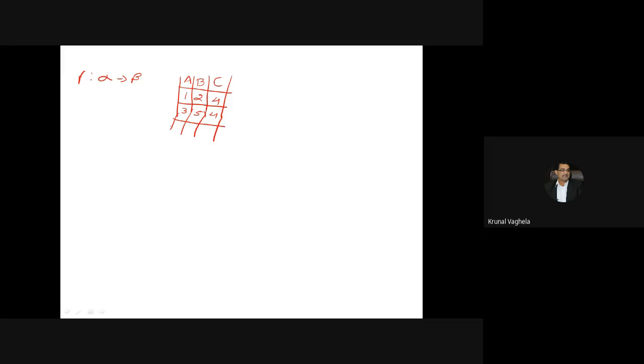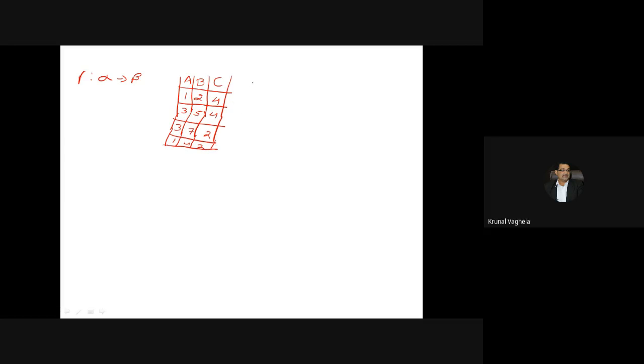Then, for example, 3, 7, 2. And then, for example, 1, 4, 2. So this is the data table you have.